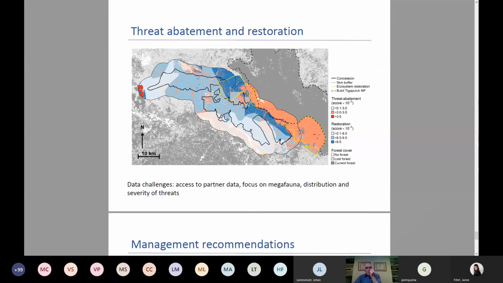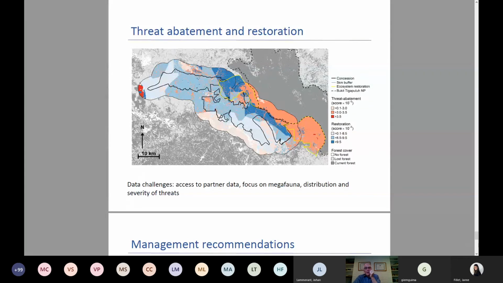As I mentioned earlier, the opportunity for reducing species extinction risk can be broken out geographically using this analysis and focusing on the orange area on the right, where you can reduce threats to species that occur either in or adjacent to the protected area, the national park, and they include particularly focusing on reducing the amount of habitat that's being lost for them and also reducing hunting pressure. There's a lot of old forest that's been cleared in the blue areas, which you can restore, which will have a significant contribution to threat reduction in those areas as well.